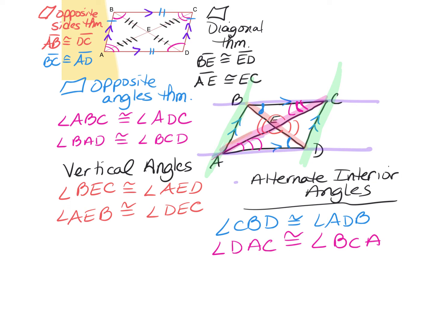So I could use this diagonal, AC, which now forms this angle, along with this one. So now I can name this one as angle BAC is congruent to DCA.